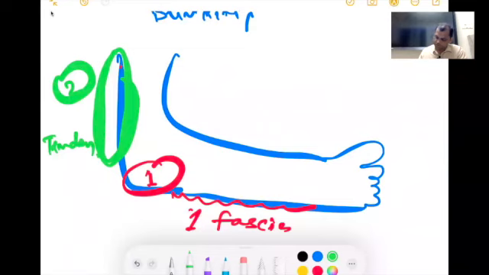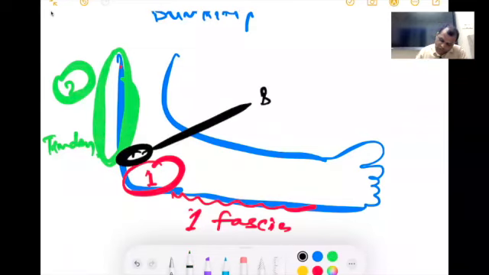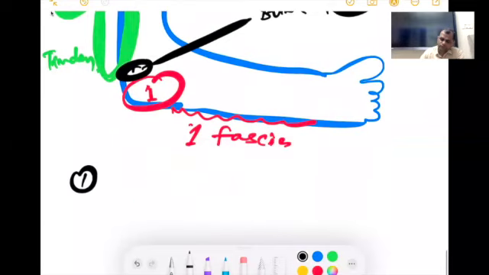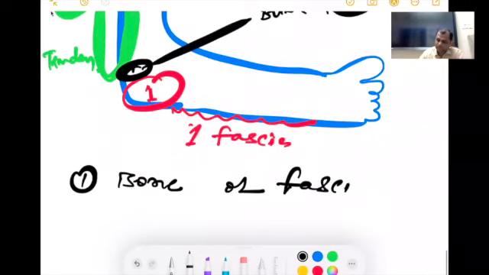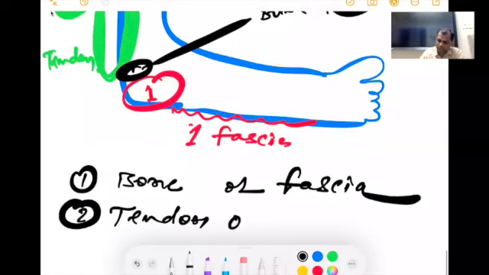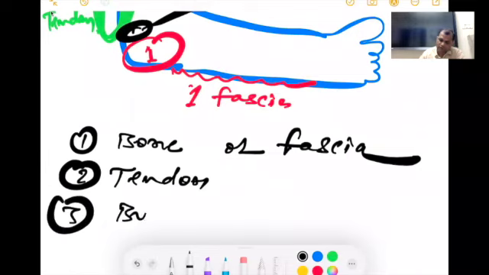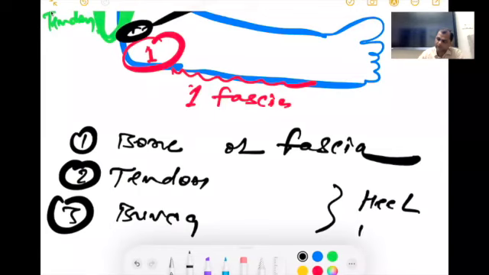Cause number three: the bursa having a problem. Only three causes. So one, problem of the bone or fascia. Second, problem of the tendon, or Achilles tendon. And third, problem of the bursa. These three are causing the heel pain.